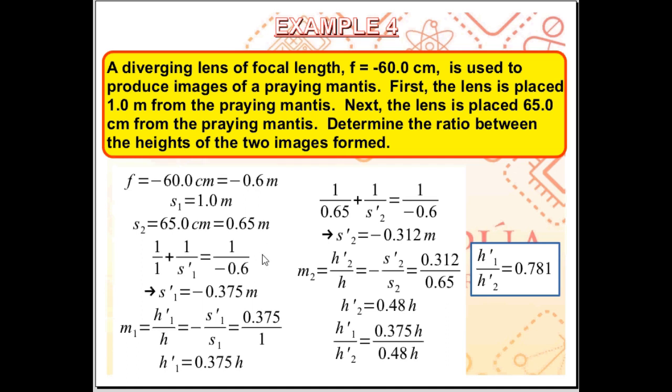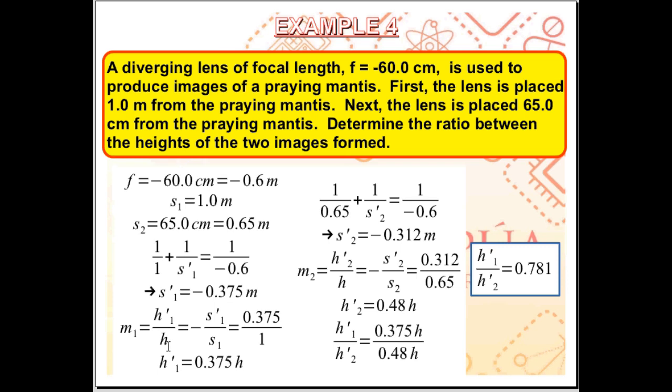For the first case, we have 1 over 1 plus 1 over S1 prime is equal to 1 over negative 0.6. We are able to calculate S1 prime: negative 0.375 meters. Using now the equation for magnification, M1 is equal to H1 prime over H. There's only one object, so H1 is equal to H2.